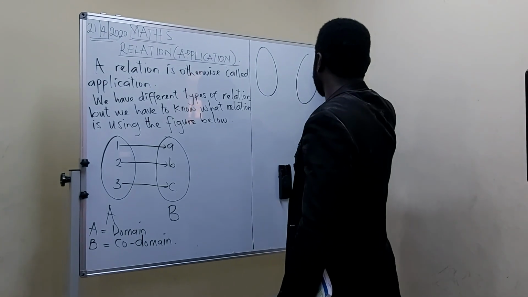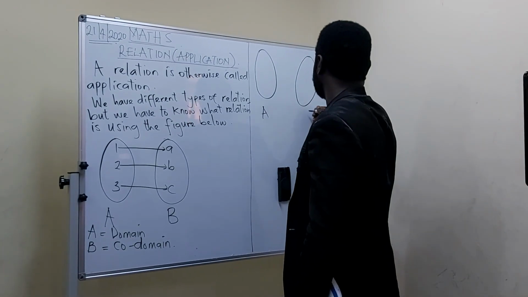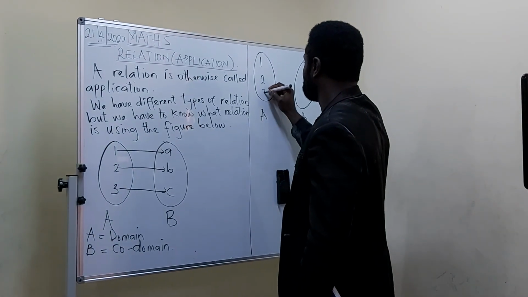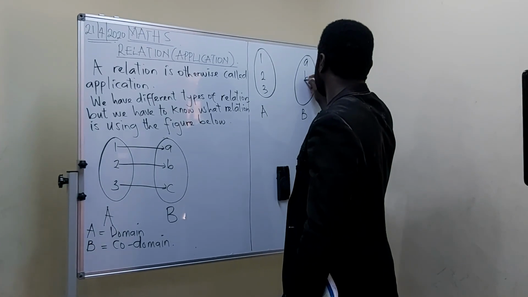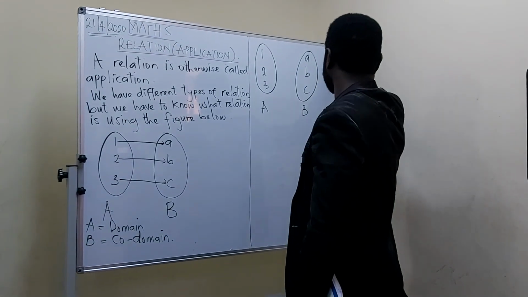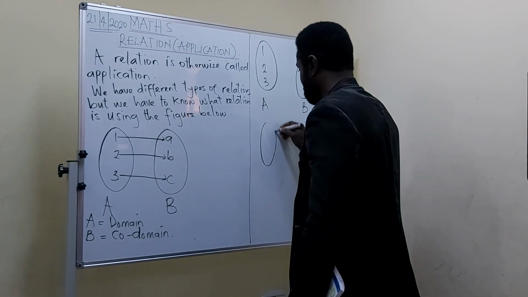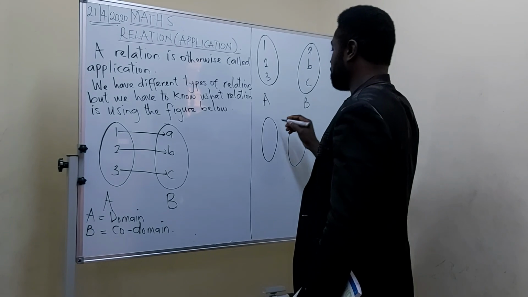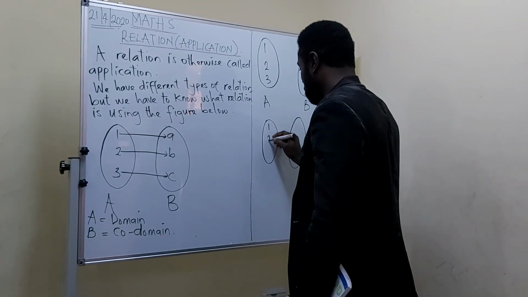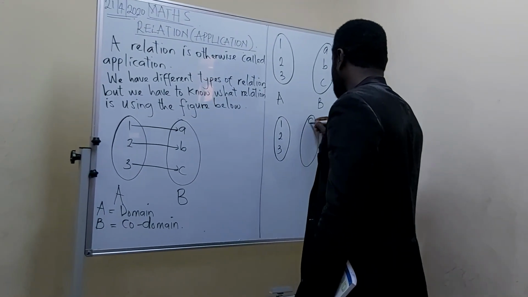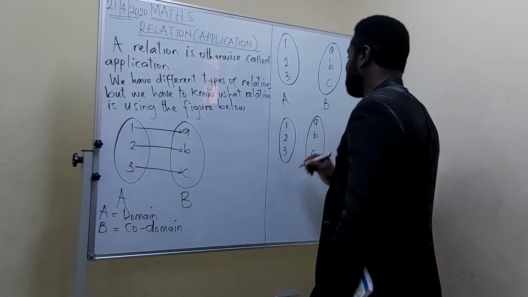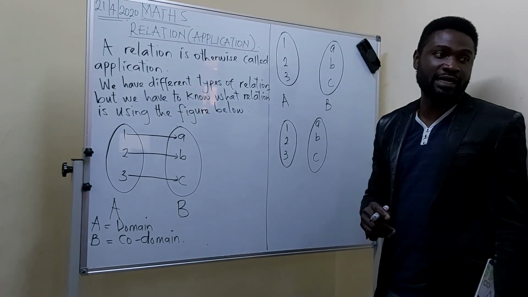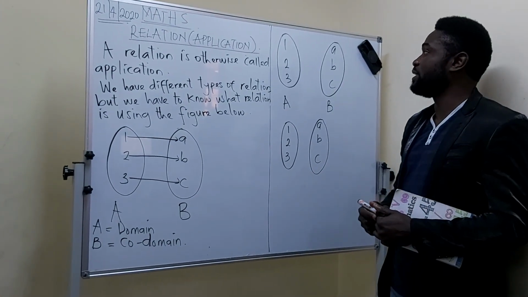I will use the same numbers, the same names of the domain and codomain so that you won't be confused. So we basically have two things that will show us that this is not an application or that this is not a relation. Are we all paying attention? I want to believe you are paying attention anyway.